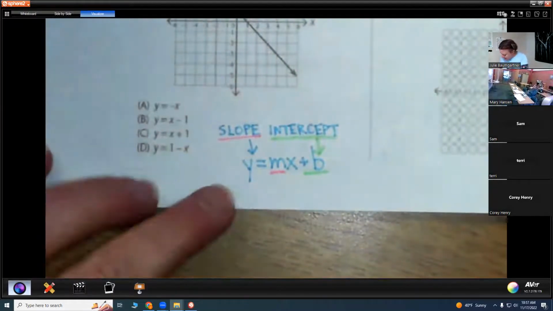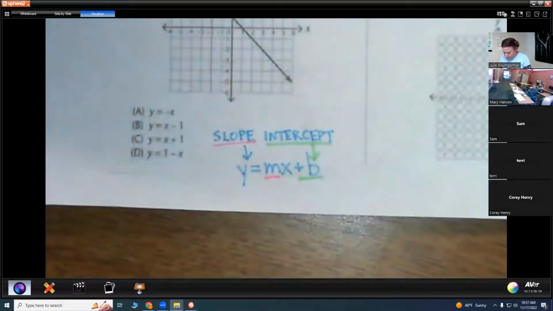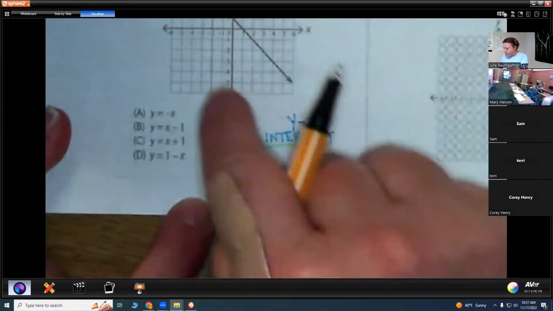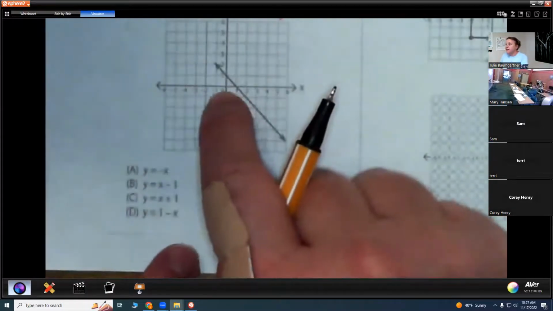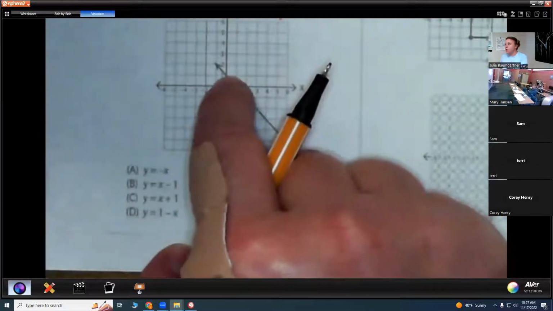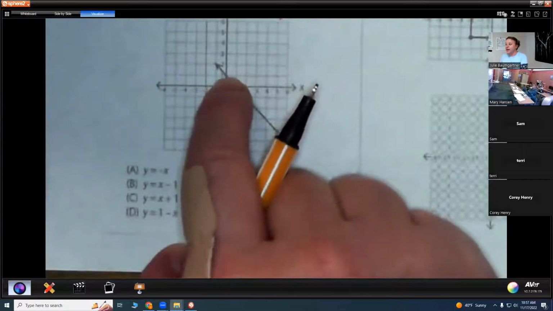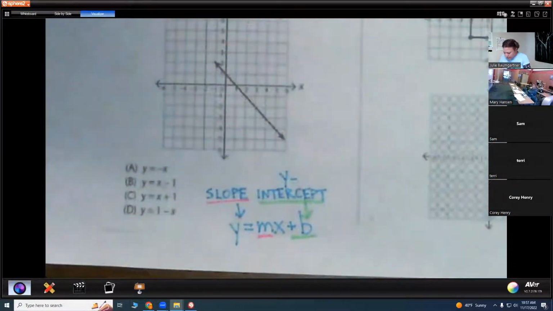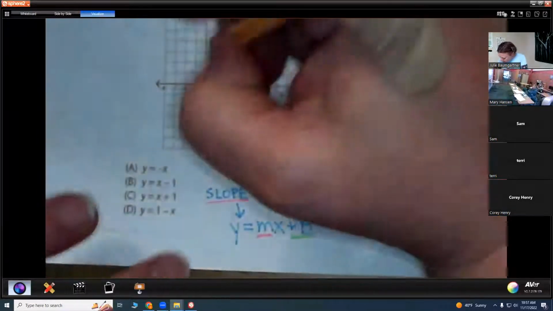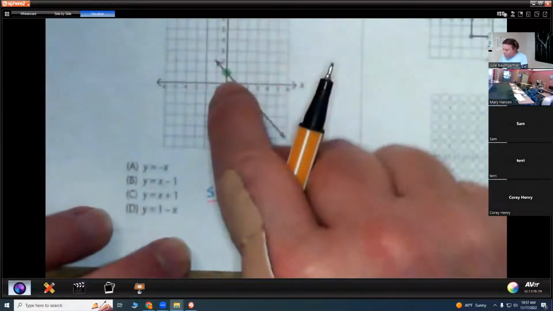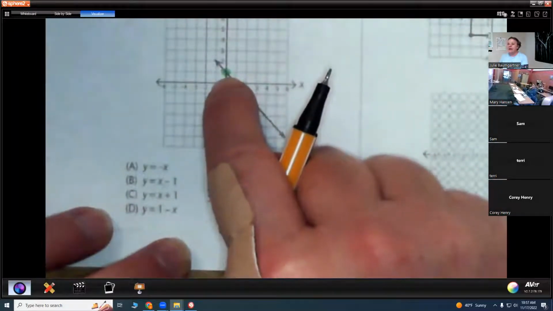Because that's the easiest point to see on the line, because b is the y-intercept. So when x is 0, what is y? It's the point of the line that crosses the y-axis. So this point right here is B.